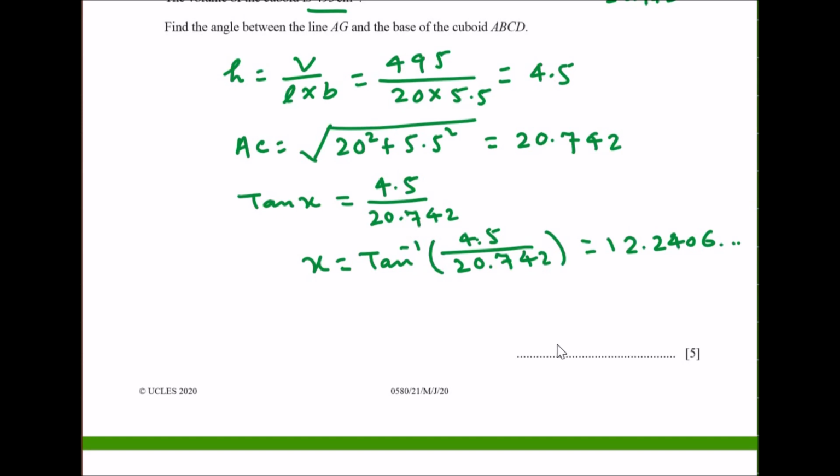So the answer for the angle we must write in 1 dp as Cambridge says. So we need to write 12.2 degrees.